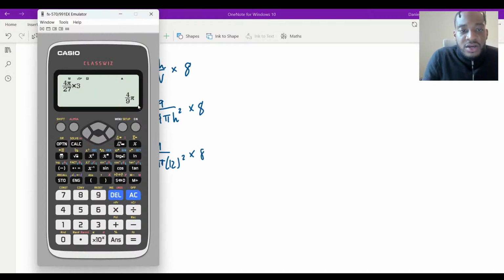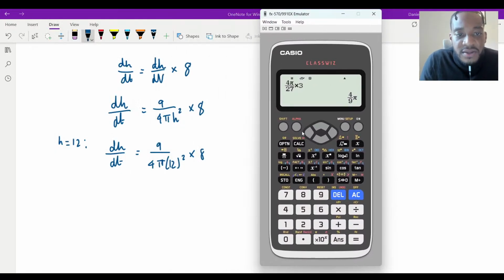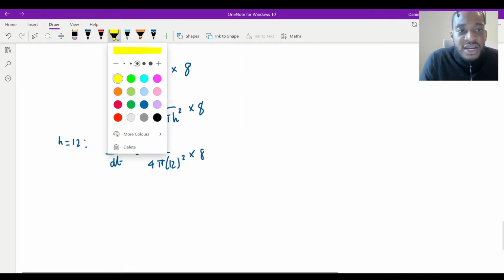And if I put it into my calculator, see what we get. It's going to be 9 over 4 pi, and then 12 squared times by 8. Okay, that doesn't give me an exact value. So what I'm going to do is just calculate this part then.